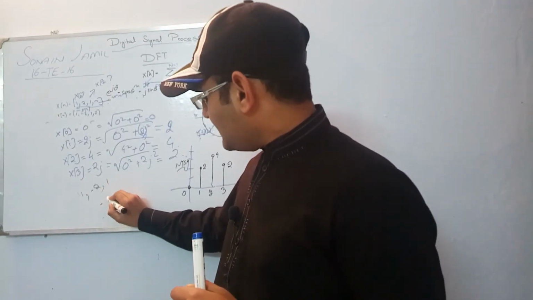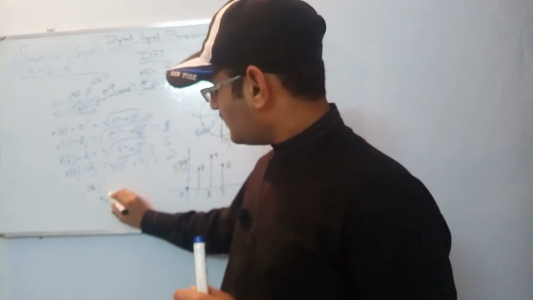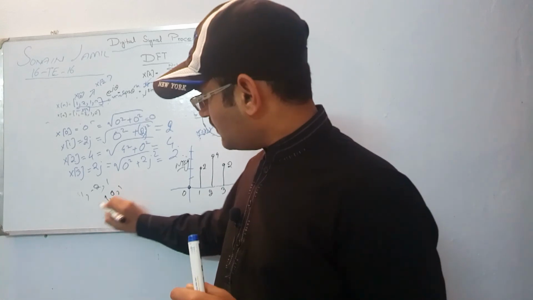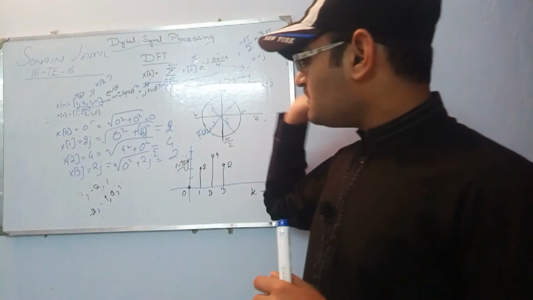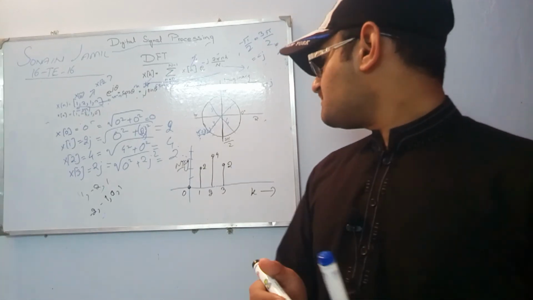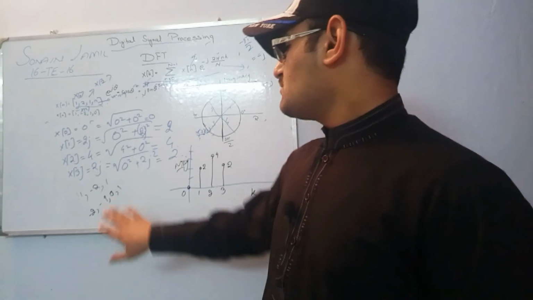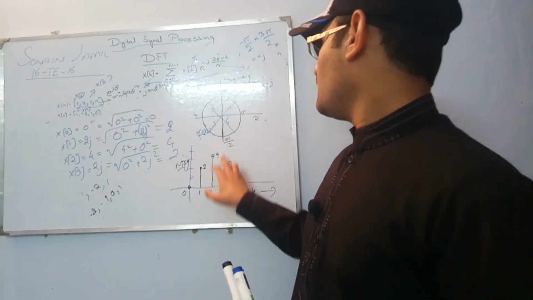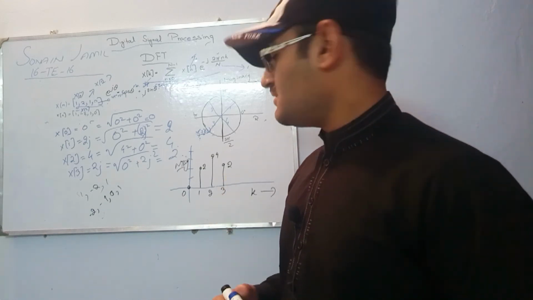You can see minus 1, 1, 0 and 1. There is a maximum transition here. So the maximum frequency occurs where there is maximum transition.